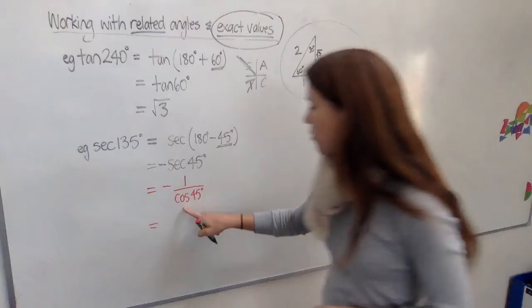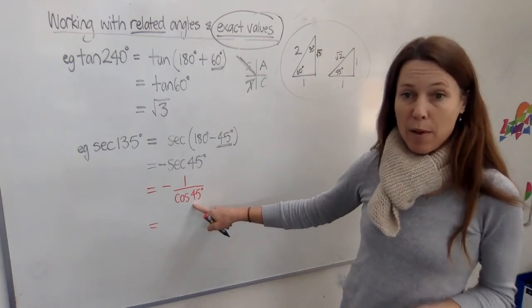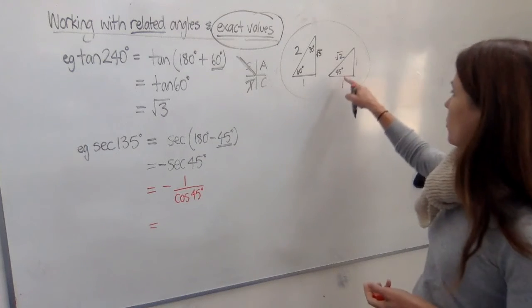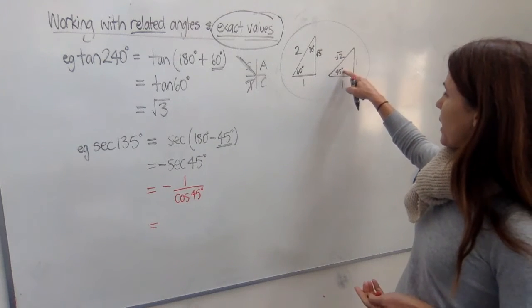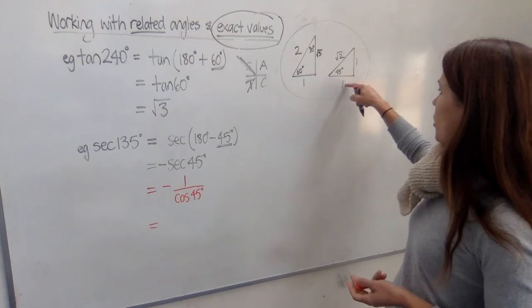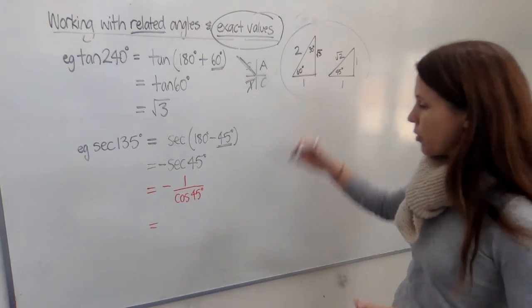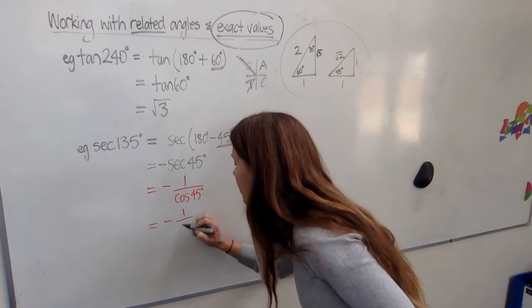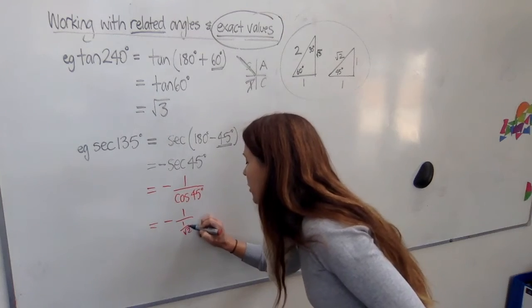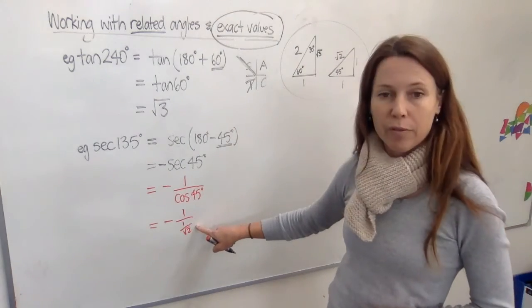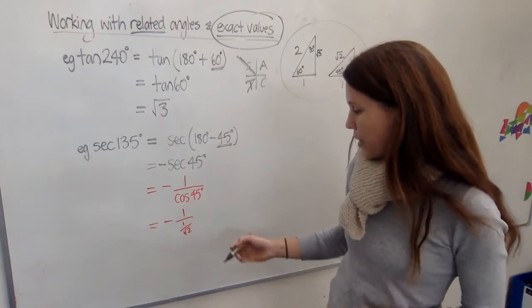And then you might say, all right, what is cos of 45? Now you'll either remember it's 1 over root 2, or you'll look over at your drawing here and go, it's adjacent over hypotenuse, 1 over root 2. Now, it always looks really awkward when you have a fraction over a fraction, or a fraction within a fraction.